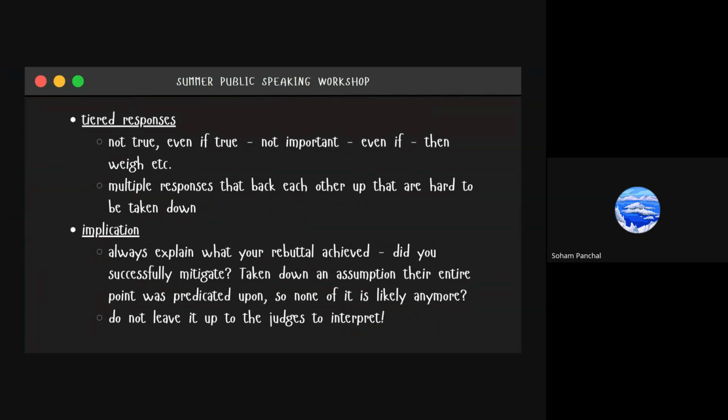Then you move on and say, even if it was true, then B reason, because it becomes not significant compared to the benefits we are providing, or it is more harmful compared to the harms we are providing.